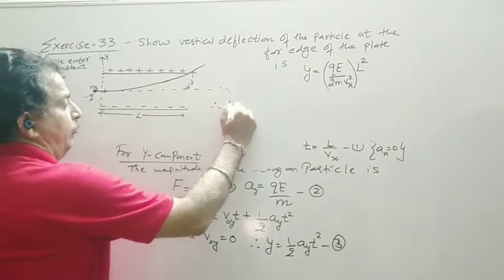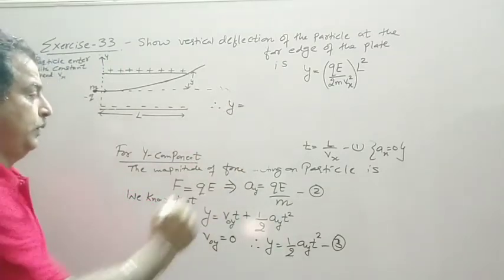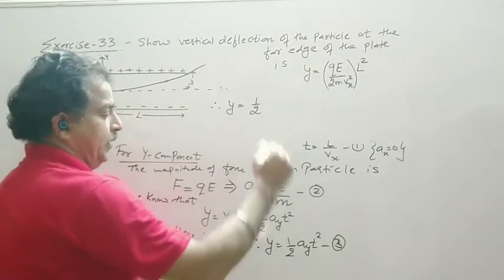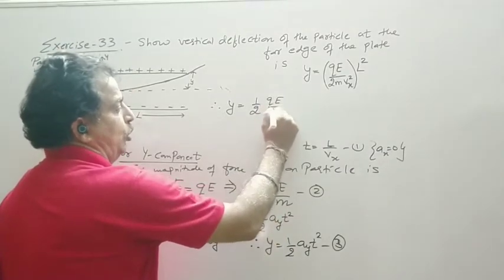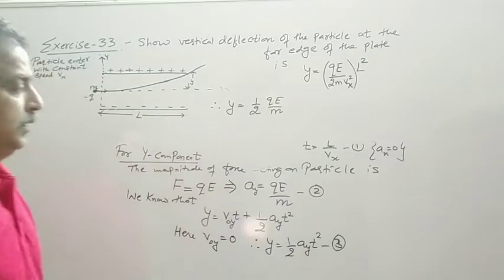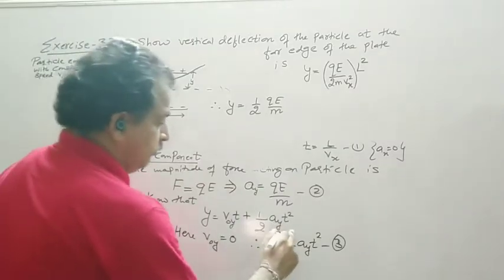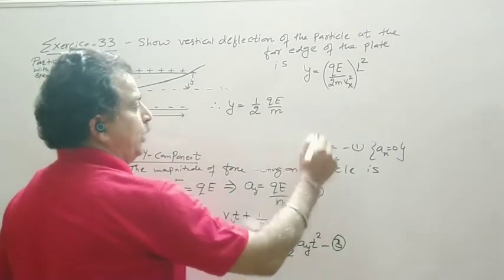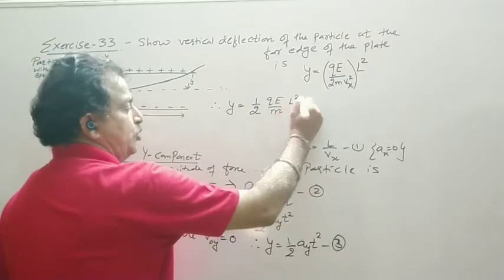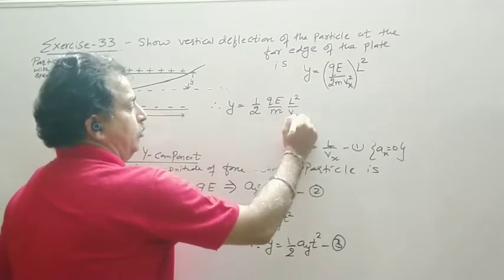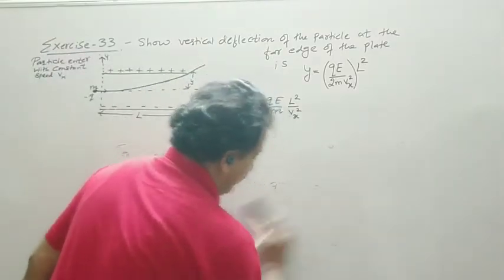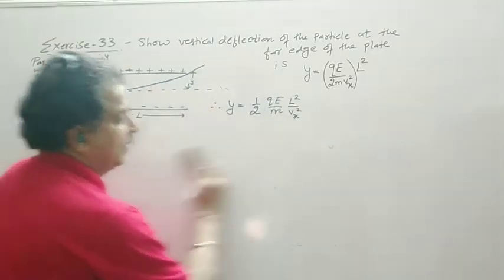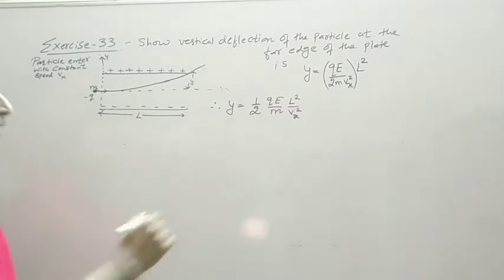Therefore, y is equal to half ay, that is QE upon m, and we have t square. So t square is equal to L square upon Vx square. This is the deflection of the particle along the y-axis.